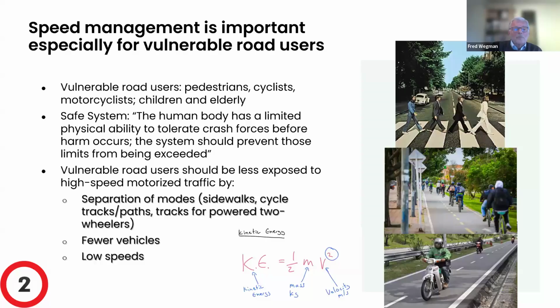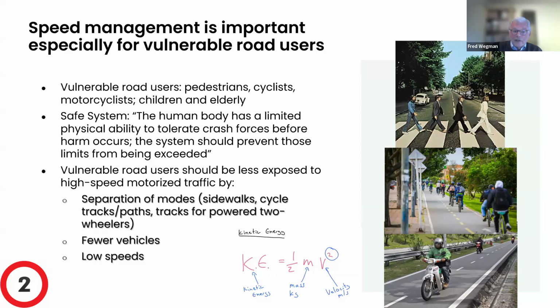And you know that perhaps as well. First option is that you try to separate modes, give them their own physical space. We do that by having sidewalks, cycle tracks or paths, and these days we see them as well, separated tracks for power two-wheelers.